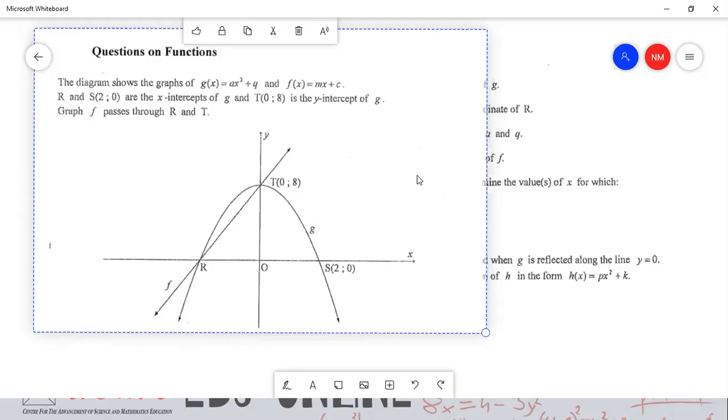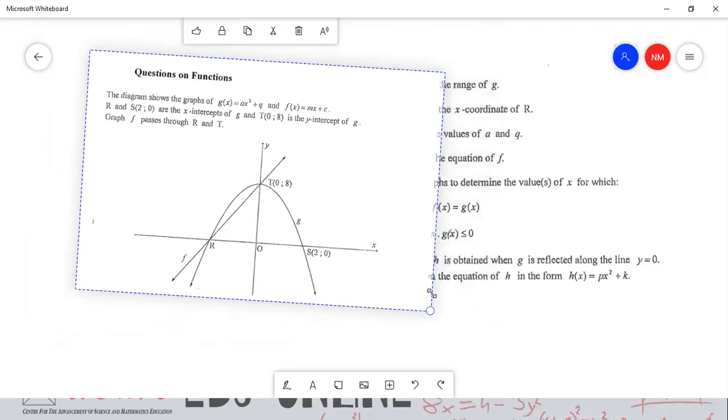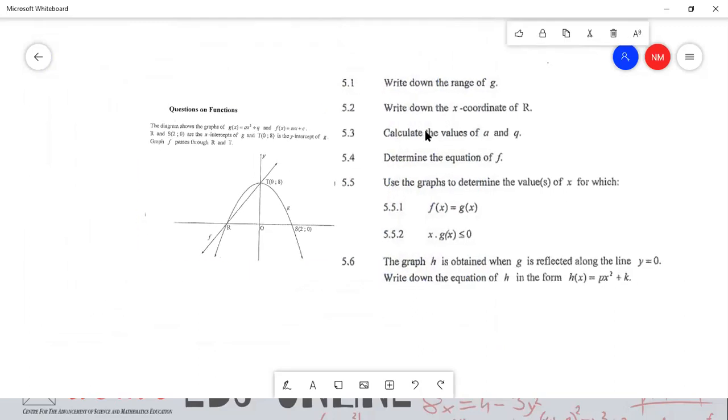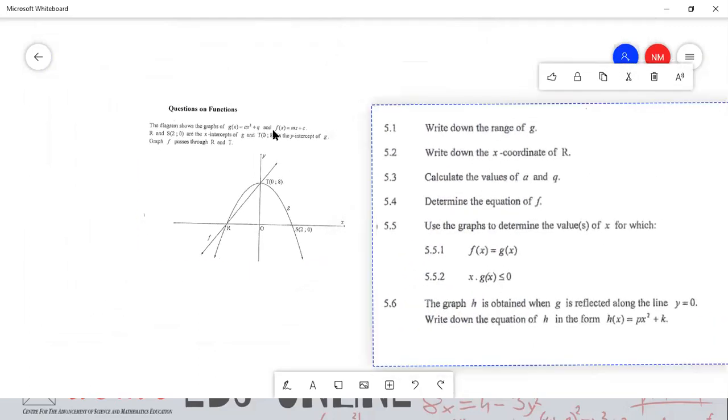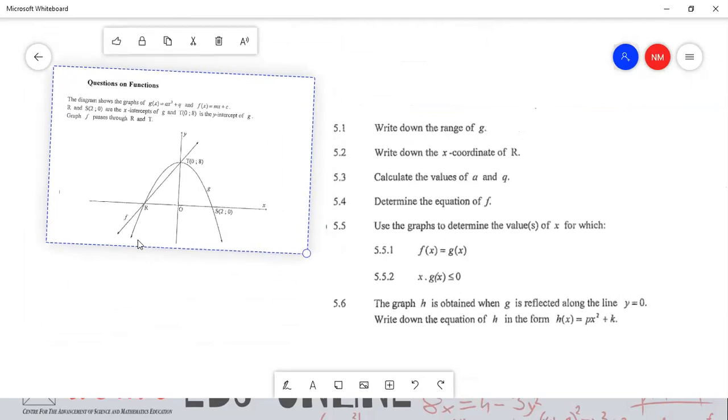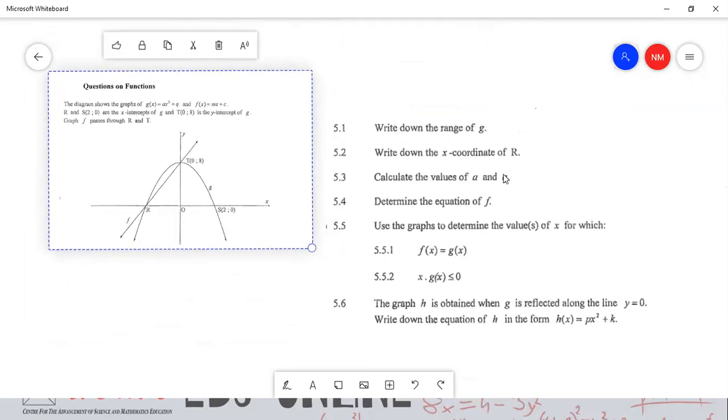So let's just look at the underlying questions there. Let me just reduce this and pull the questions aside. Okay. Now the questions are: write down the range of g.